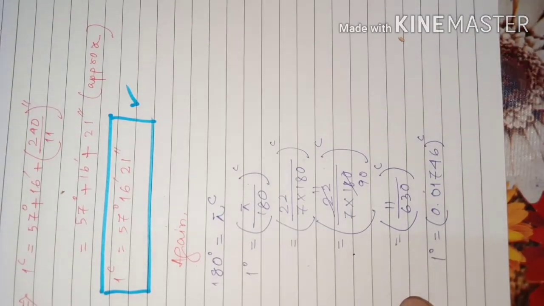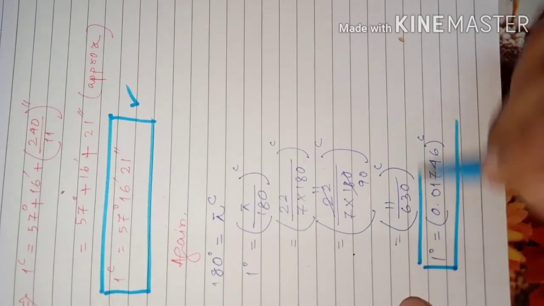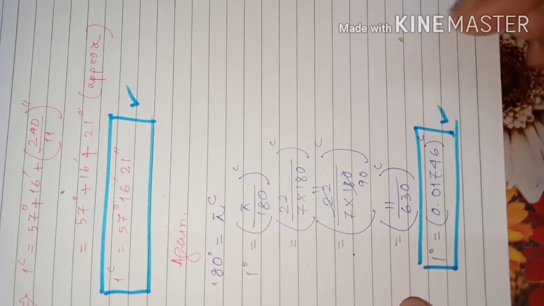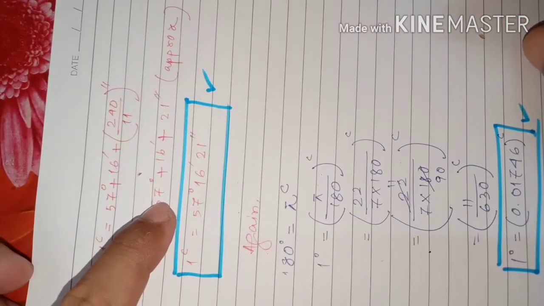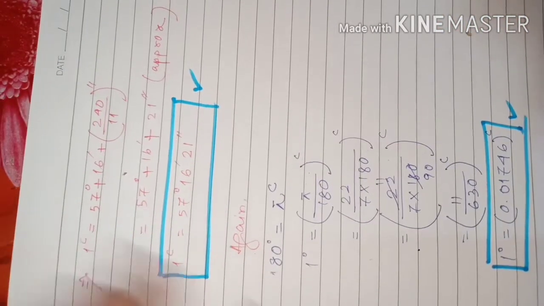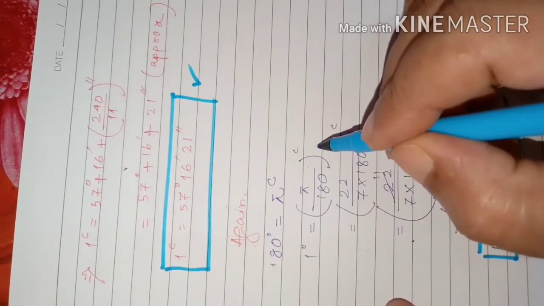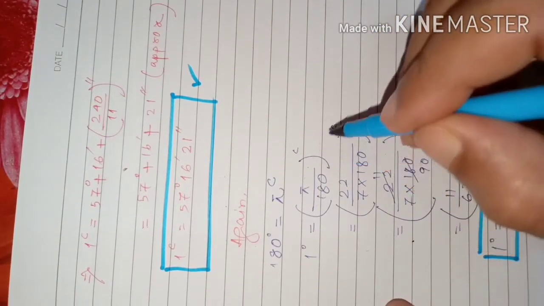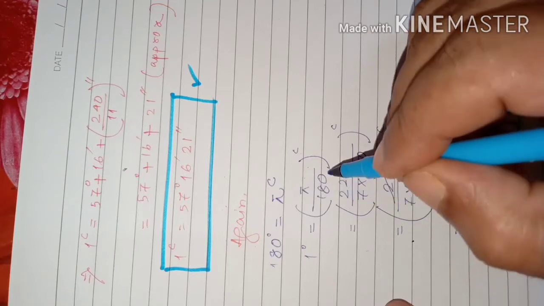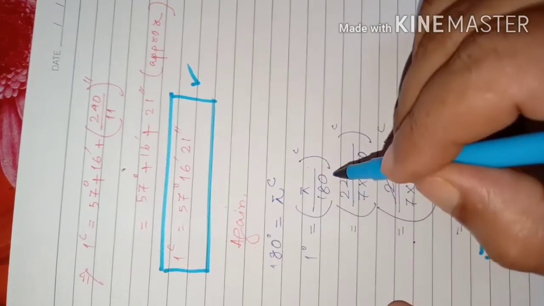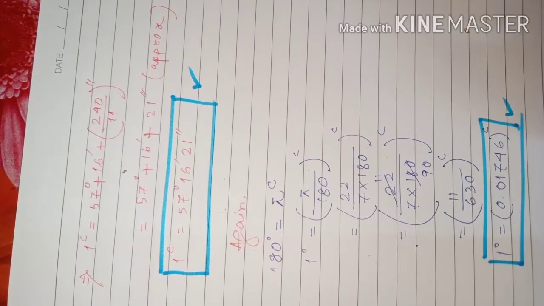So we have learned, students, two important conversions: 1 degree into radian, and 1 radian into degree. Got the idea? Most important thing is this one: when converting degree to radian, pi by 180 is multiplied with the given number.